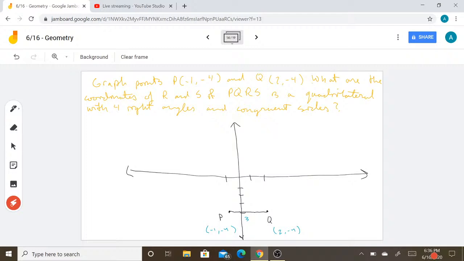That being said, the 2 points, R and S, should be 3 units above or below P and Q. So actually there can be multiple answers for this question. If we go 3 units up, then we get R and S with coordinates 2, -1 and -1, -1.